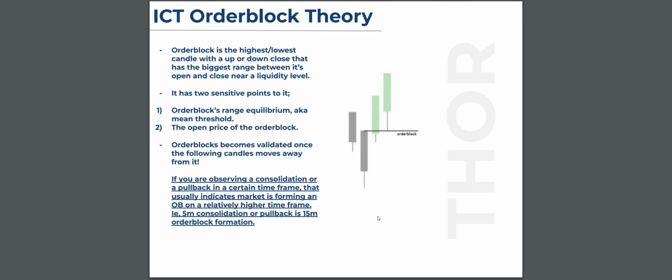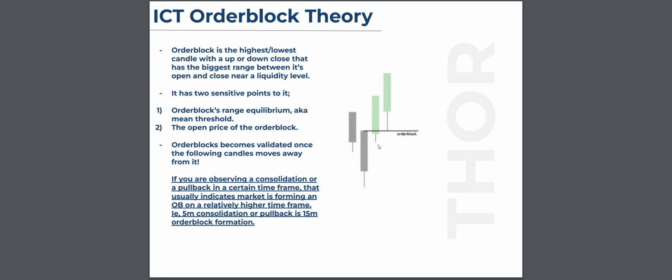All right, and the ICT order block theory. Again, I'm going to just quickly read through these things and move into the good stuff. To be able to understand the order block, you need to be aware of a couple of things. First, the open price of the OB, which is the order block itself, then the mean threshold, which means the 50% of the order block.